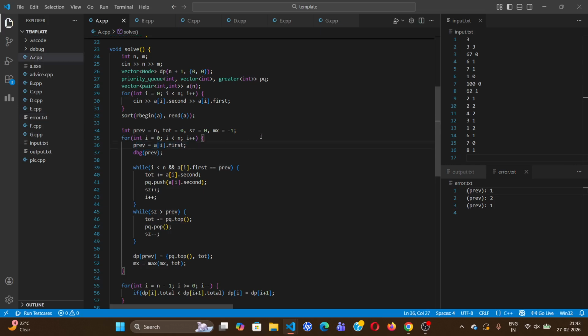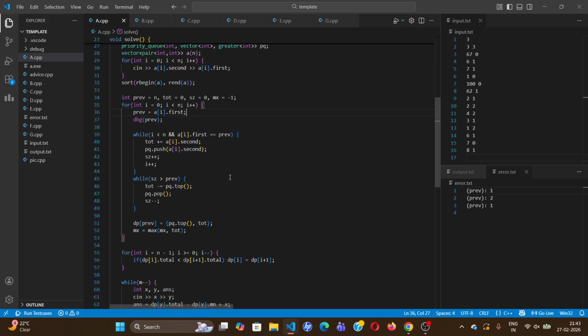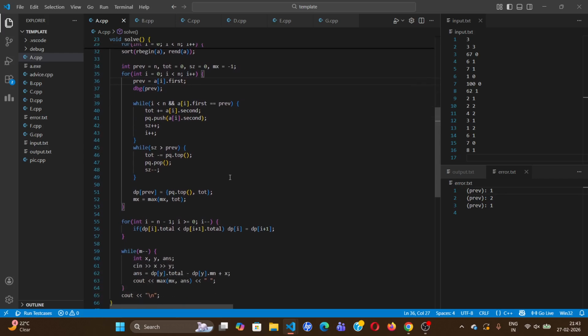First it takes previous equals to 1. 1, 2, 3, 5. Then it takes previous equals to 2. Previous equals to 1. If a[i].first equals to previous, total plus equals to a[i].second. Oh, okay. 1.